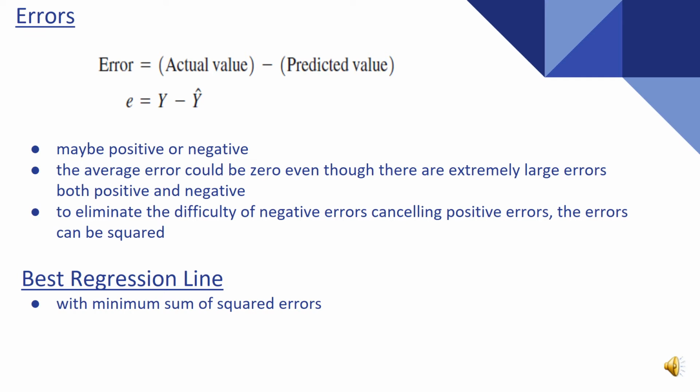The average error could be 0 even though there are extremely large errors, both positive and negative. So, to eliminate the difficulty of negative errors cancelling positive errors, the errors can be squared. The best regression line will be defined as the one with the minimum sum of the squared errors.